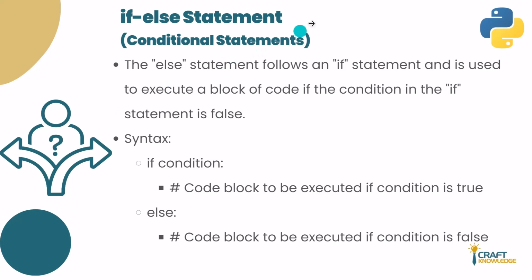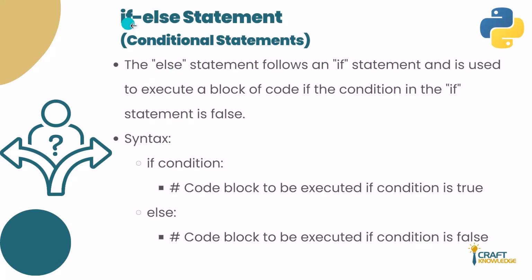Okay, so in order to solve the problem that we encountered in the last video, we have the if else statement. So basically the problem was we were able to only execute the body of the if statement, but there wasn't any part where we can execute the other statement as well. So the else part, right? The else is a new thing.